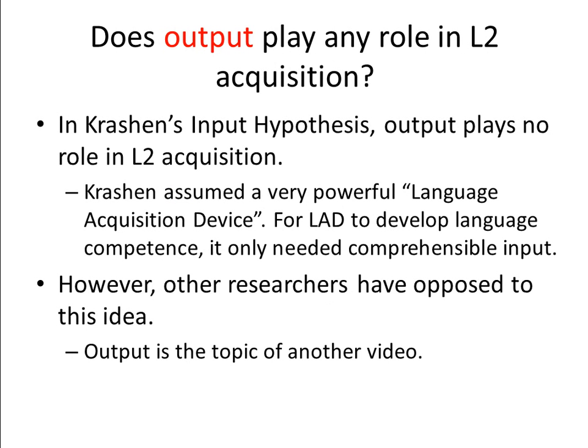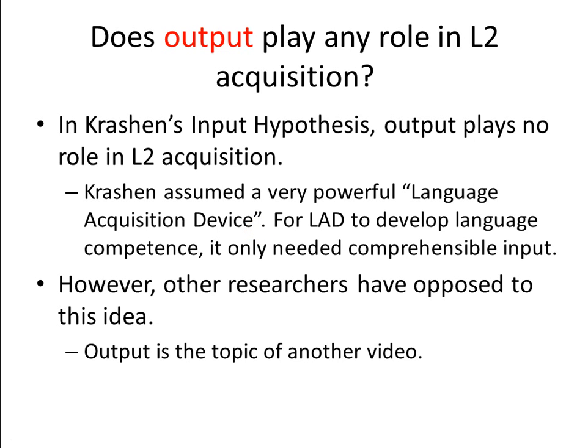Okay, so we've been talking about the role or roles of input, but does output play any role in second language acquisition? So output is like speaking and writing. And actually, in Krashen's input hypothesis, output plays no role in second language acquisition. And Krashen assumed a very powerful language acquisition device.